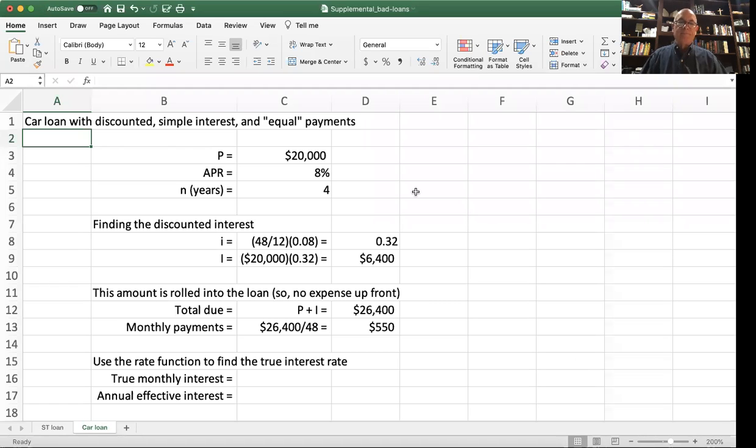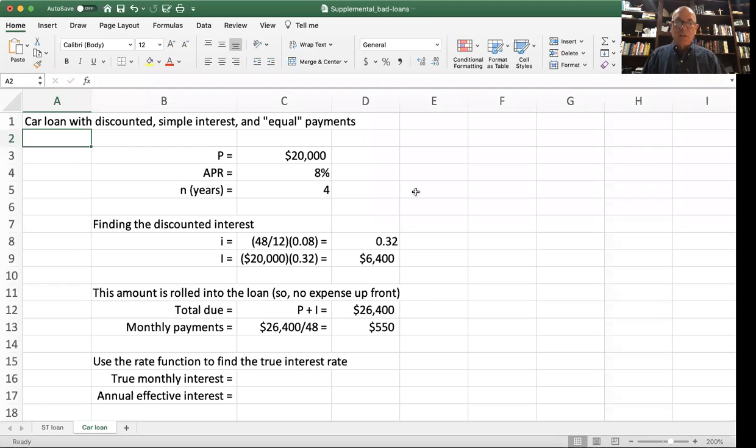They're few and far between, but they're out there, and I've seen this before. They're going to treat this 4-year car loan, 48 months, like a short-term loan, in that it's going to be simple interest, it's going to be discounted, and then there's going to be some other games played.